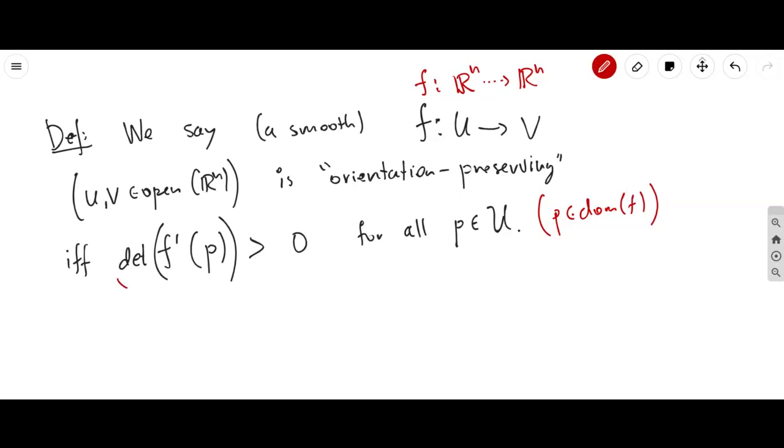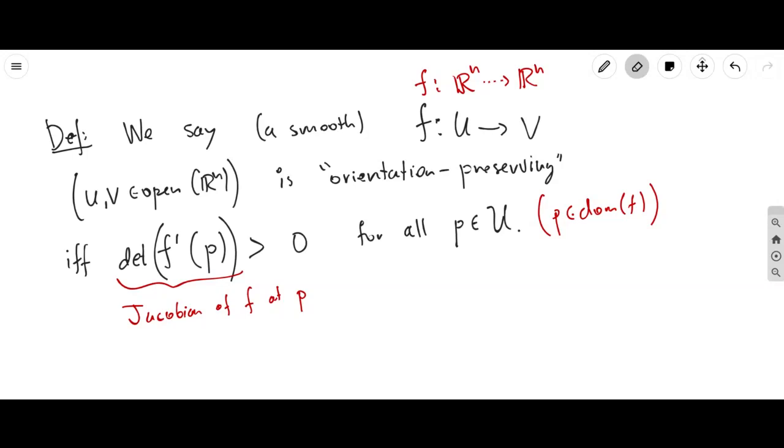So this is called the Jacobian of F at P. I should just say a small disclaimer. There are some people who would define the Jacobian to just be this matrix. And there's other people who would define the Jacobian to be the determinant of that matrix.